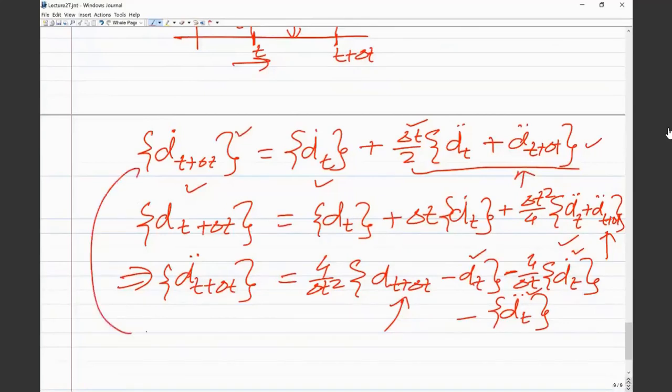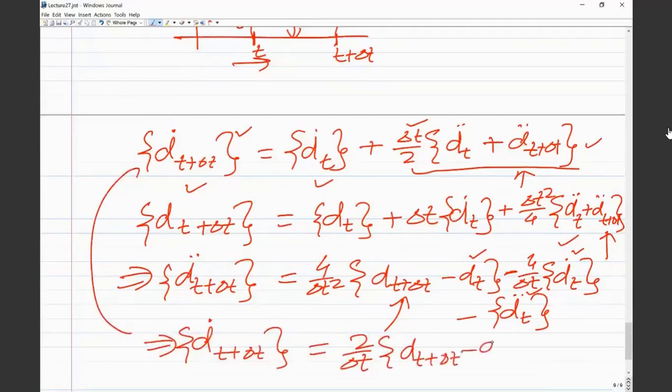So similarly, from this equation you will get, I am writing the end result. You can work out the steps involved yourself. So d dot at t plus delta t would be equal to 2 upon delta t into d at t plus delta t minus d at t, minus d dot at t. So this is what you get as d dot at t plus delta t.